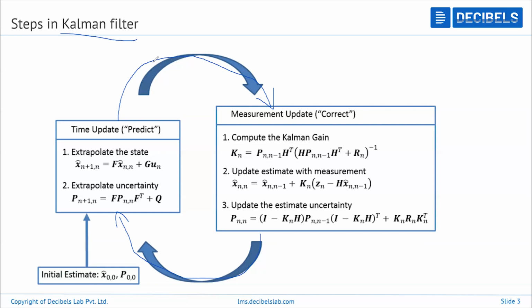People ask what the difference is between KF and EKF. When the system is linear, we make use of the simple Kalman filter. And when the system has a non-linear behavior, then we introduce EKF or UKF applications.